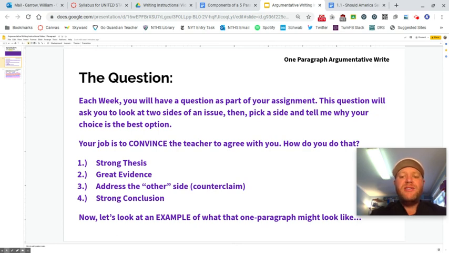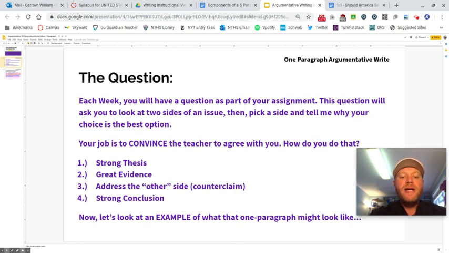And to do that in a 1-paragraph argumentative write, you're going to have 4 pieces to this write. Okay, 4 pieces that you're going to include in this paragraph. Those 4 things are a strong thesis, which is your presenting of your choice. Okay? You're going to want to provide great evidence. You're going to want to provide a couple of things from that week's readings and videos and lectures that you believe are really strong pieces of evidence to support your choice.